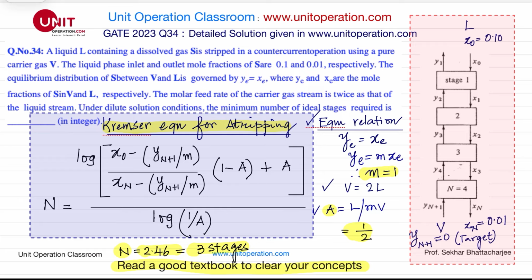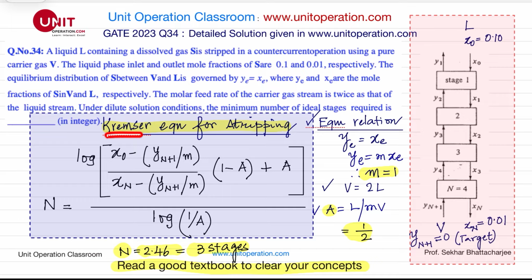In fact, that's what is meant here, using a pure carrier gas V. So Yn plus 1 is equal to 0, and this is going out, and let's say its mole fraction is Y1, and the molar feed rate of the carrier gas stream is twice that of the liquid stream. So V is equal to twice L. We have to find out the minimum number of ideal stages that will achieve this reduction in concentration.